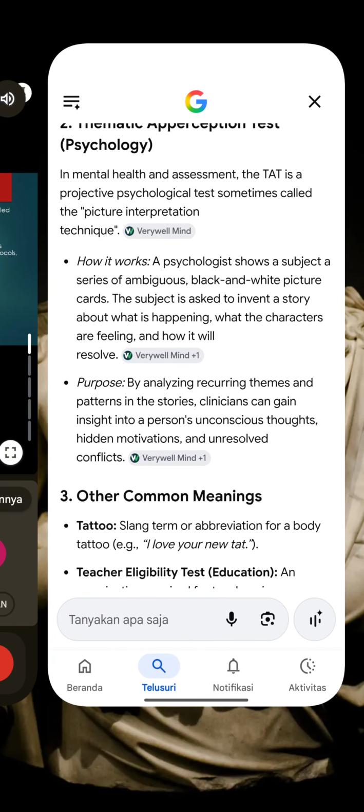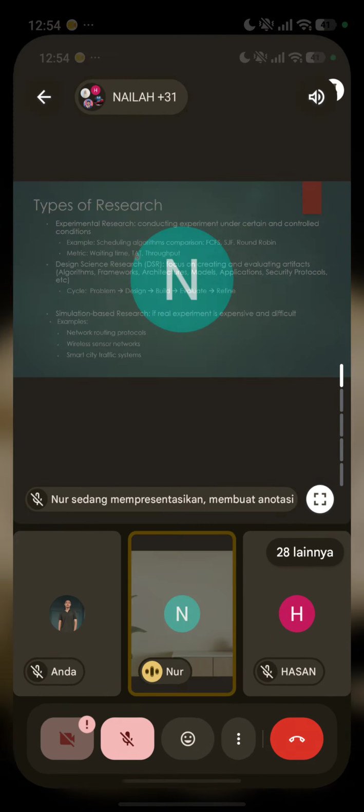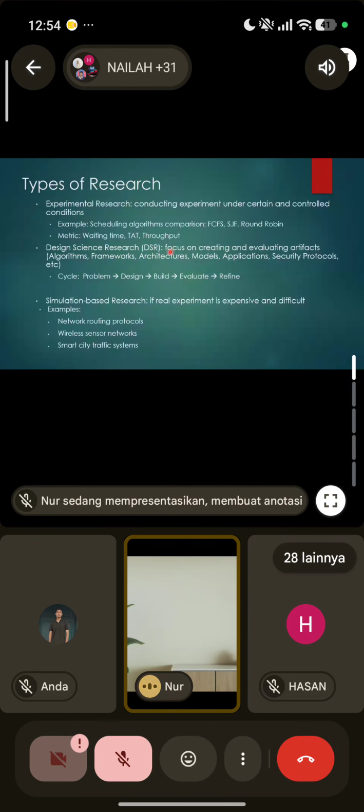The next type of research is what we call design science research, or DSR. In this case, we try to create and evaluate some artifacts. I already mentioned the definition of artifact. Examples of artifacts are the algorithm, the framework, the architecture, the model, application, security protocol, and so on.